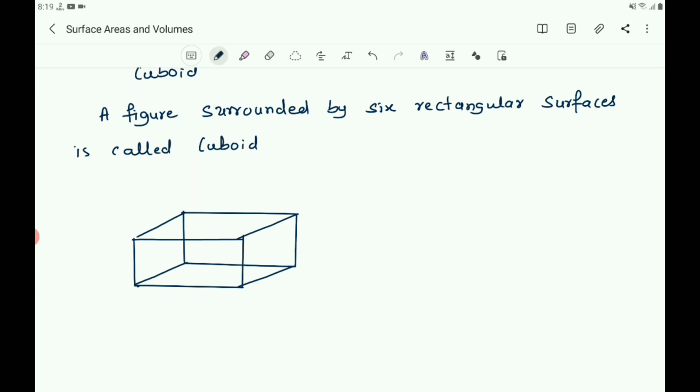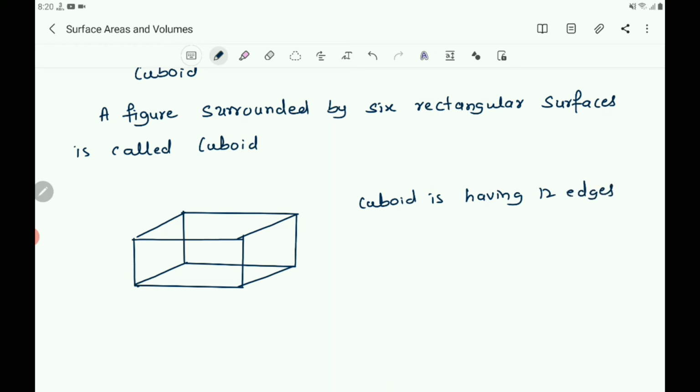So which are the edges? 1, 2, 3, 4, 5, 6, 7, 8, 9, 10, 11, 12. These are the edges of the cuboid. How many edges are there? So you write cuboid is having 12 edges.